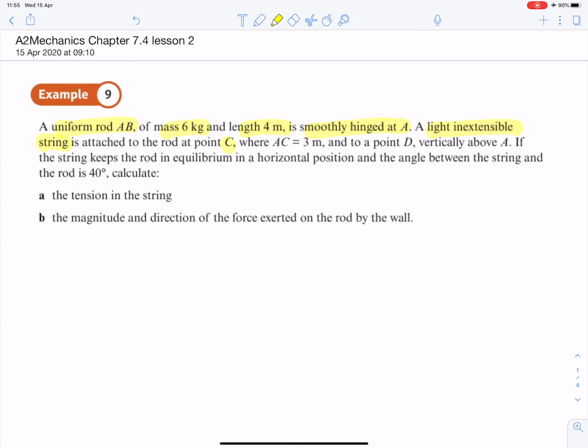A light and inextensible string is attached to the rod at point C, where AC equals 3 meters, and to a point D vertically above A. If the string keeps the rod in equilibrium in a horizontal position, the angle between the string and the rod is 40 degrees.